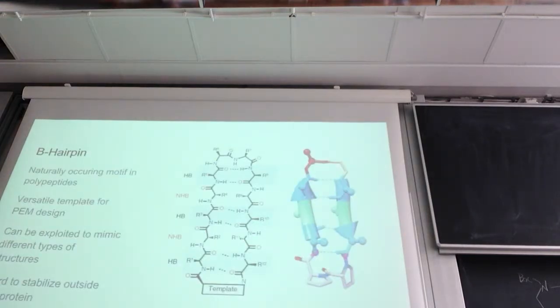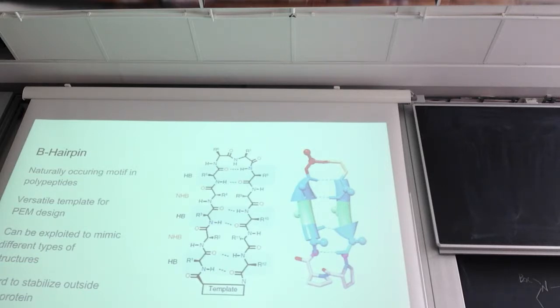And this is where protein epitope mimetics comes in, and it consists basically in imitating the epitopes of biologically relevant proteins using small peptide sequences. And a very important structure for PEM is the beta-hairpin.